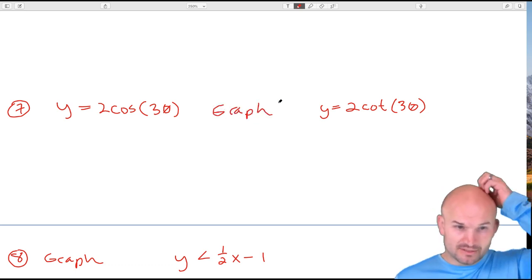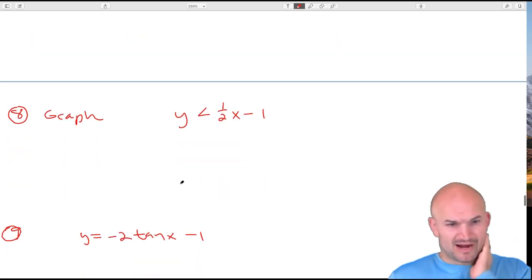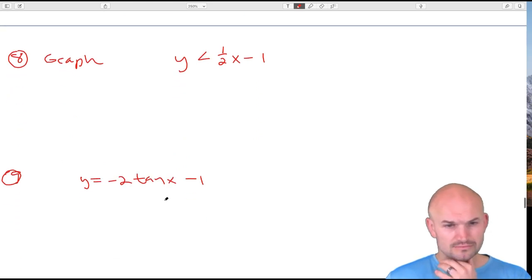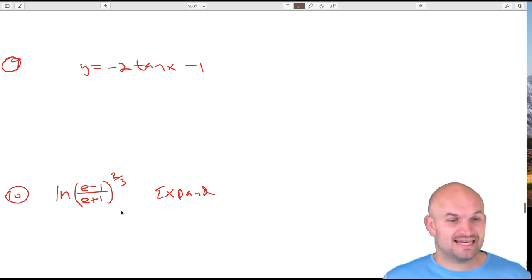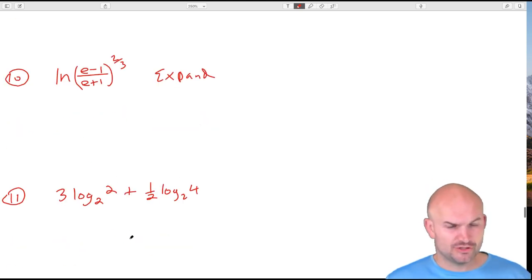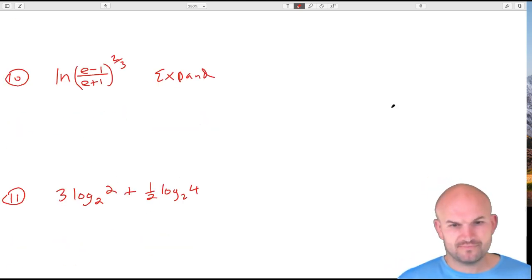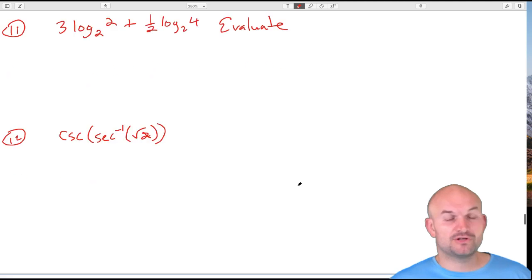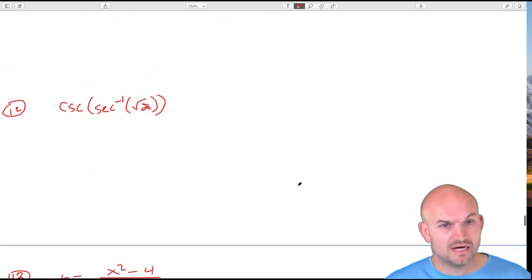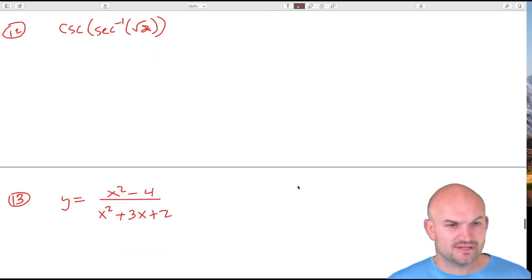trigonometric functions. We are going to graph a linear inequality. We're going to graph another trigonometric function. We are going to expand a logarithm. We are going to evaluate a logarithm. And then we are going to evaluate the inverse of trigonometric functions and their inverses.